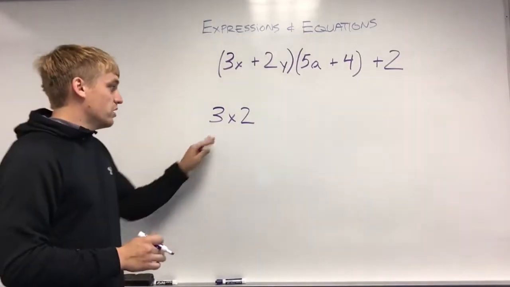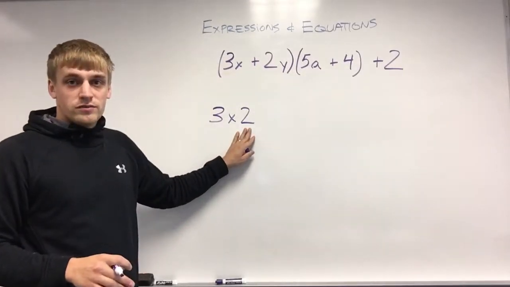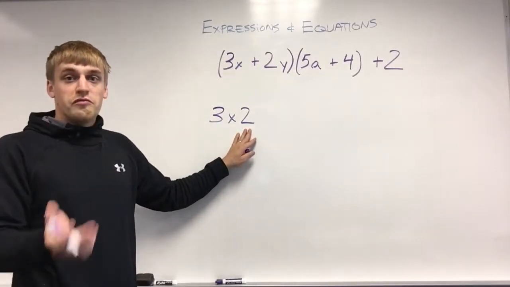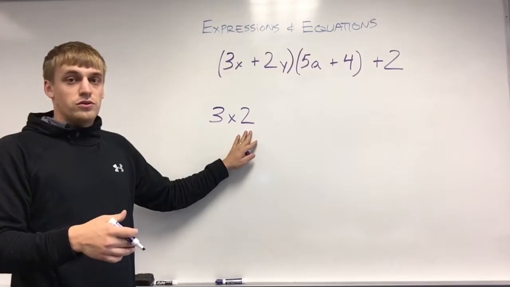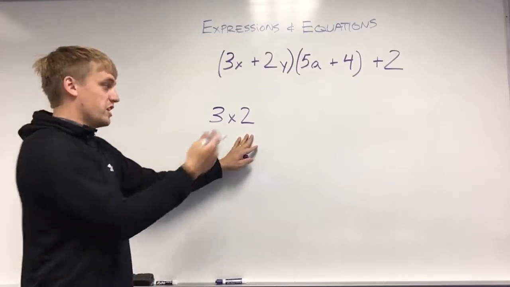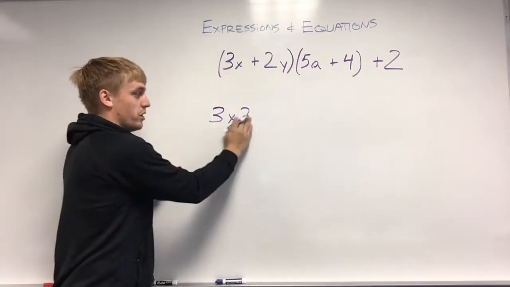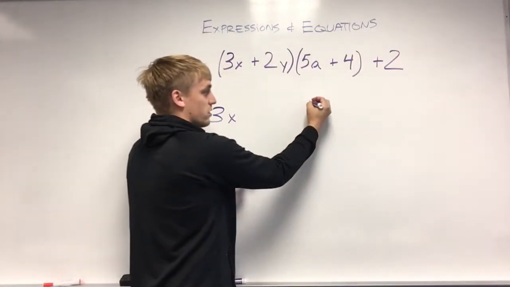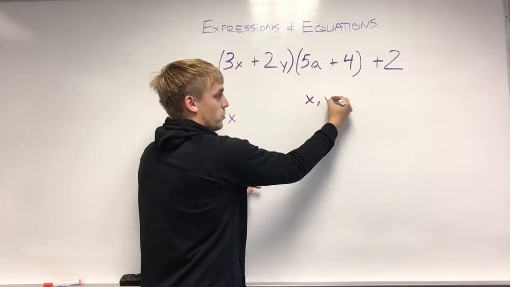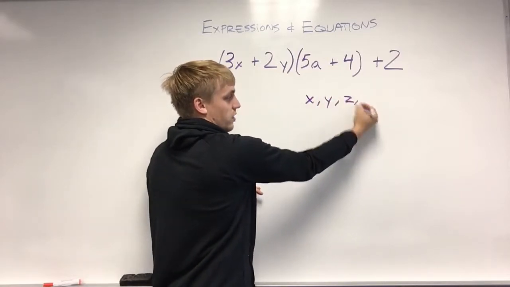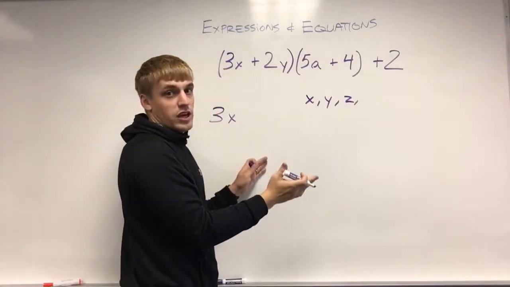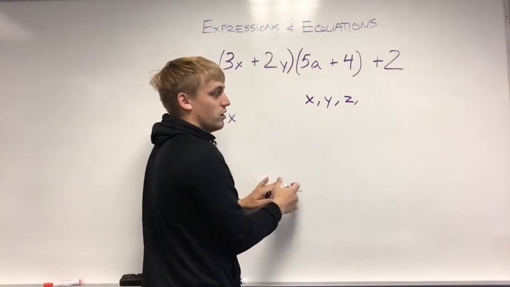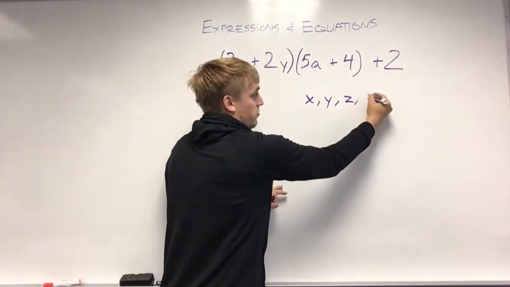Let's say we didn't know what 2 was. Well, we're going to use a variable to represent this number. So I'm going to erase this number and put a variable in there. Variables could be x, y, z, or something else like a symbol, or you could put a smiley face.